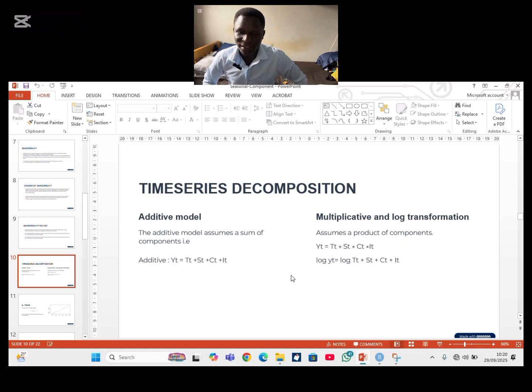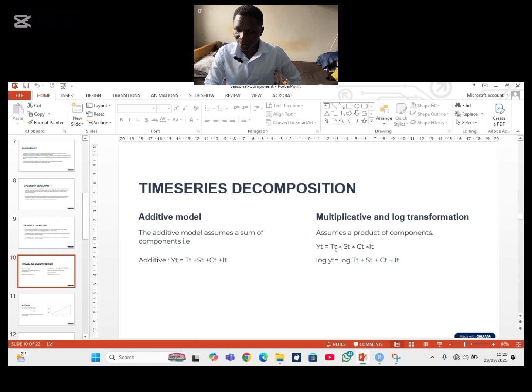So, if your time series has probably seasonality, there is a way you could remove that seasonality from a time series and remain with the trend and the error term. And such a model you can use is an additive model, whereby you add the trend plus the seasonality and the cyclic and the error term. And for a multiplicative model, you could multiply those components.